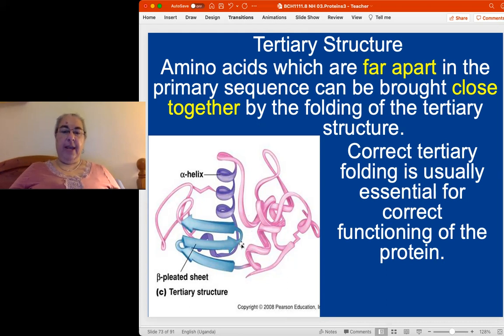So if we look here, for instance, an amino acid that's part of this turn between the parts of a beta sheet is a long way away from an amino acid that's here on this pink part, okay? But when the polypeptide is folded up into this structure, these two parts actually come very close together.